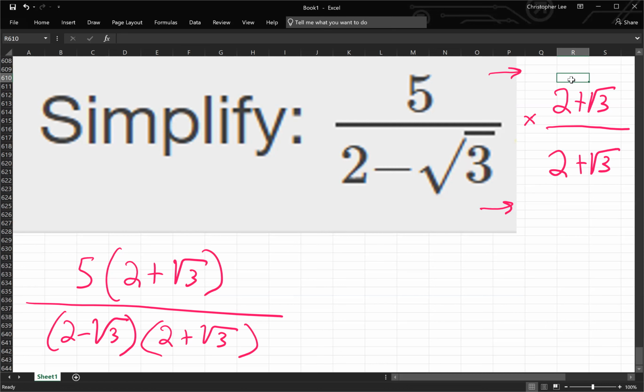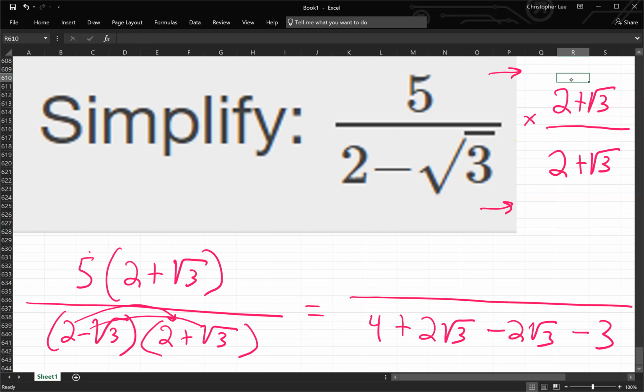So 2 times 2, what's that? 4, plus 2 square root 3 minus 2 square root 3. And this is going to be minus 9. Hold on. Square root of 9. Nope, it's 3. All over. Let's distribute this. 10 plus 5 square root 3.